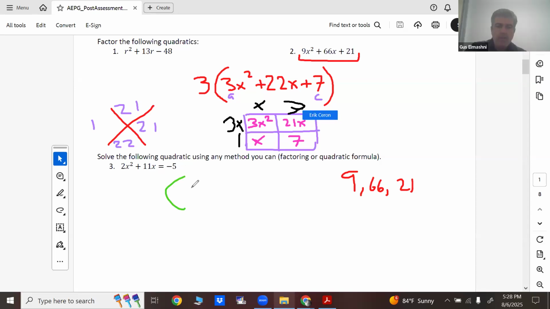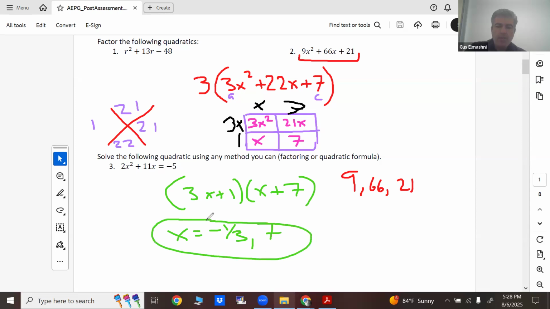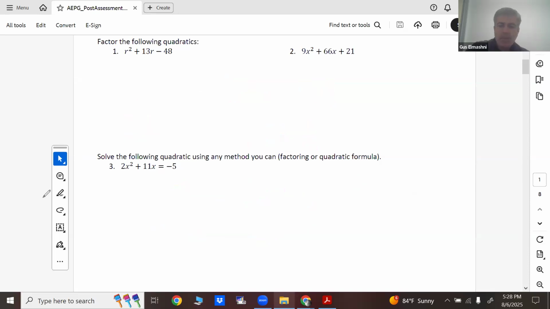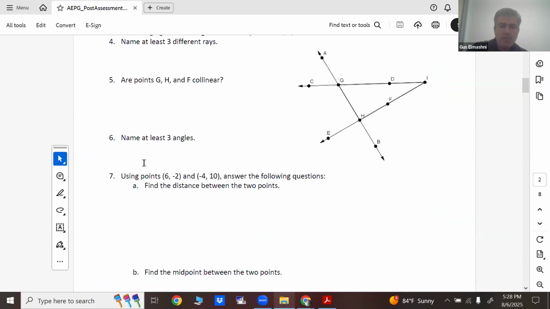Correct. So you can add 1/3 and 7. Okay. What do we do?